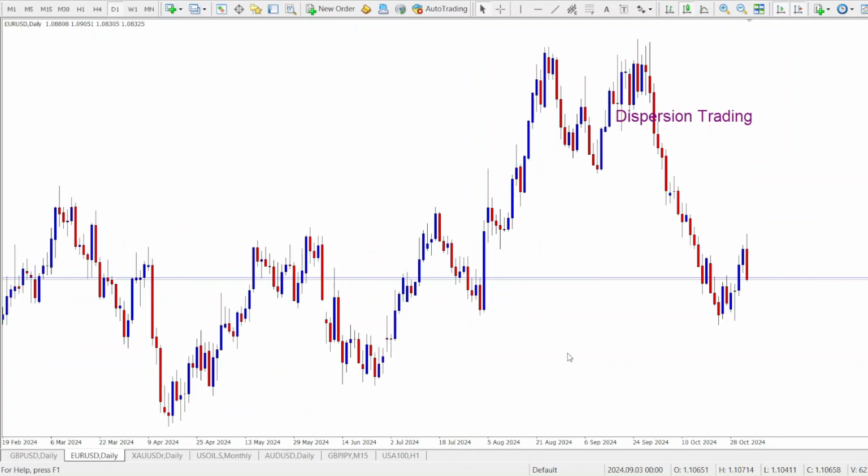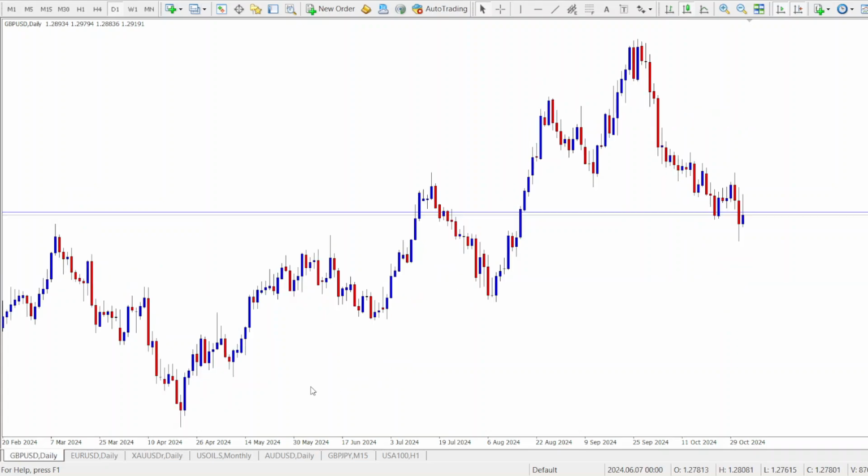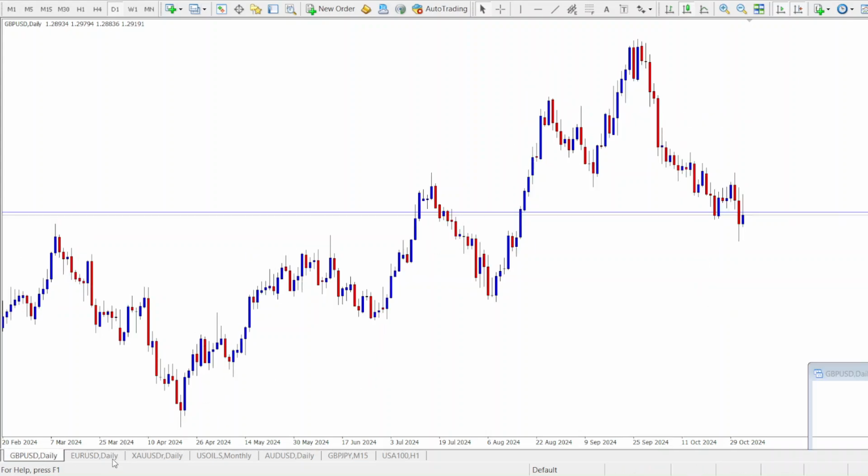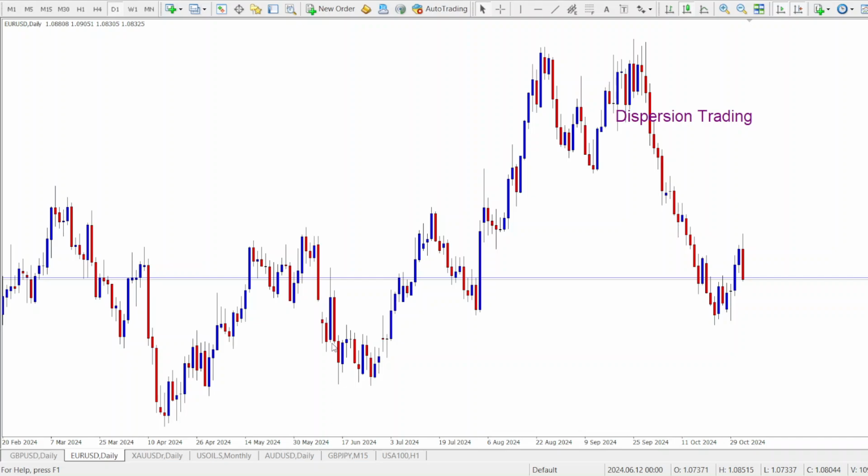As we can see currently, you can see how the movement of the Euro USD is, and you can see how the movement of the GBP USD is. Can you see that there is some similarity? So sometimes they can have similar price movements. Imagine you have two currency pairs that usually move similarly, like the Euro USD and the GBP USD, as I just showed you.